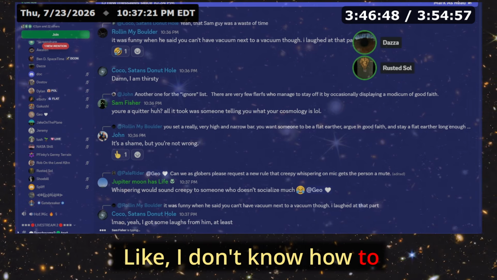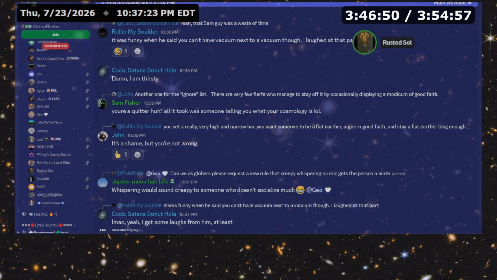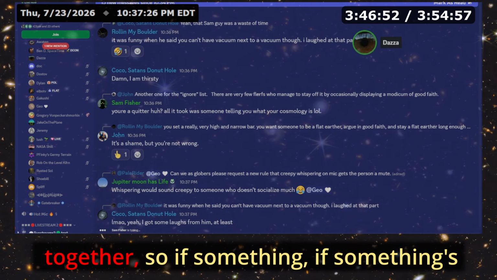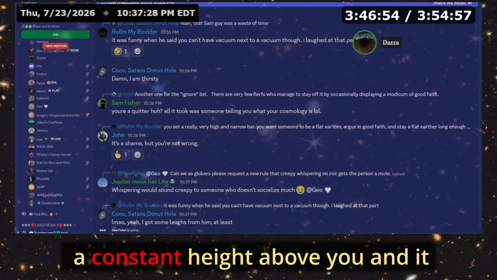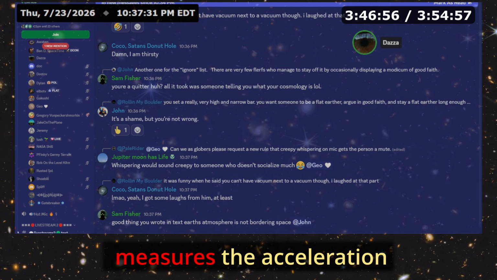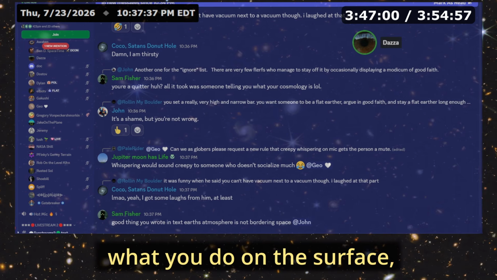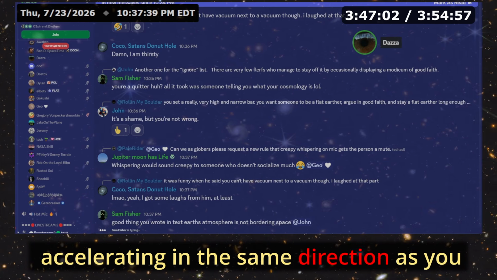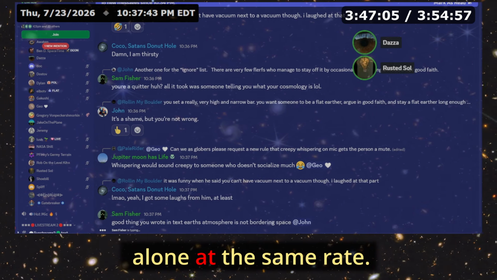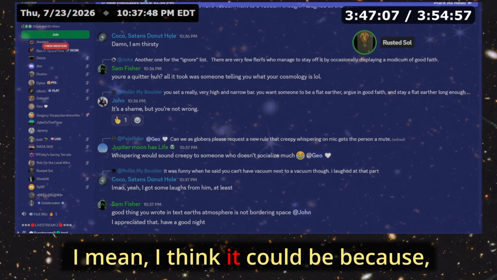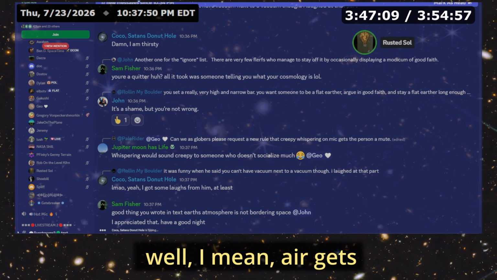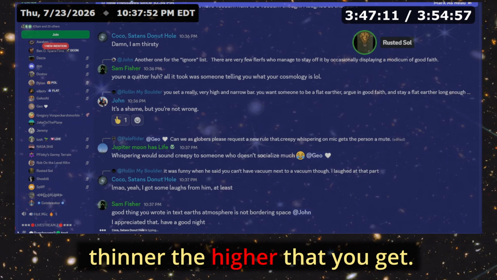I don't know how to explain it really well, but if everything's moving upwards together, so if something's a constant height above you, and it measures the acceleration differently to what you do on the surface, it can't be accelerating in the same direction as you at the very least, let alone at the same rate. I think it could be, because air gets thinner the higher you get.